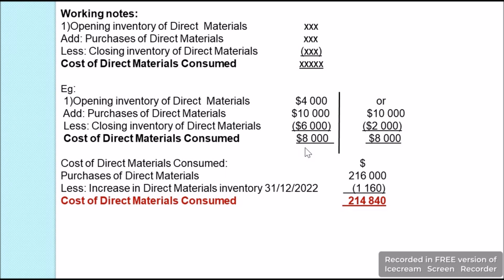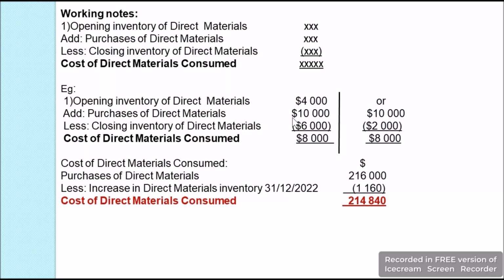However, here we don't have all the information. What we have is purchases, and we have the increase in the direct material inventory at 31st December 2022. That is, the closing inventory has been increased by this value. So if we use the same example here, we don't have the opening stock.